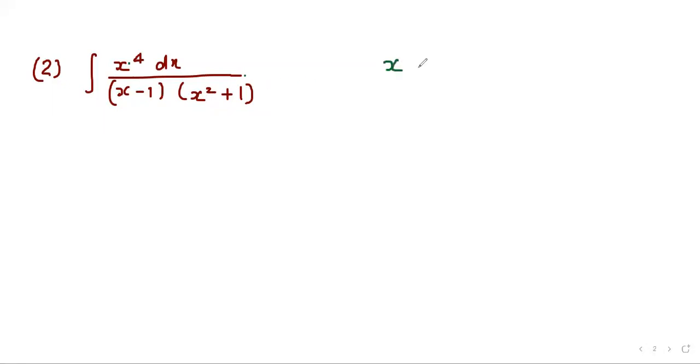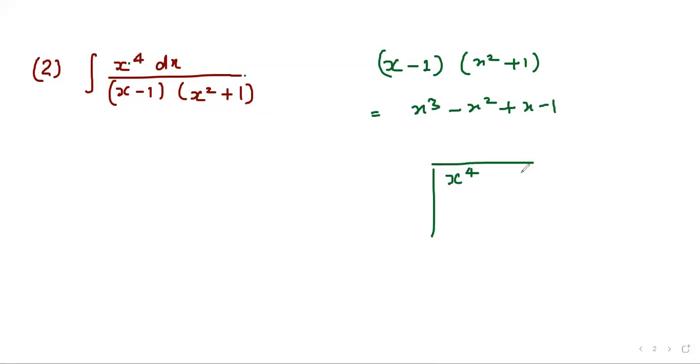If we multiply the denominator (x − 1) times (x^2 + 1), we will get x^3 − x^2 + x − 1. So the highest power in the denominator is 3, whereas the highest power in the numerator is 4. So we must divide. So x^4 divided by x^3 − x^2 + x − 1.